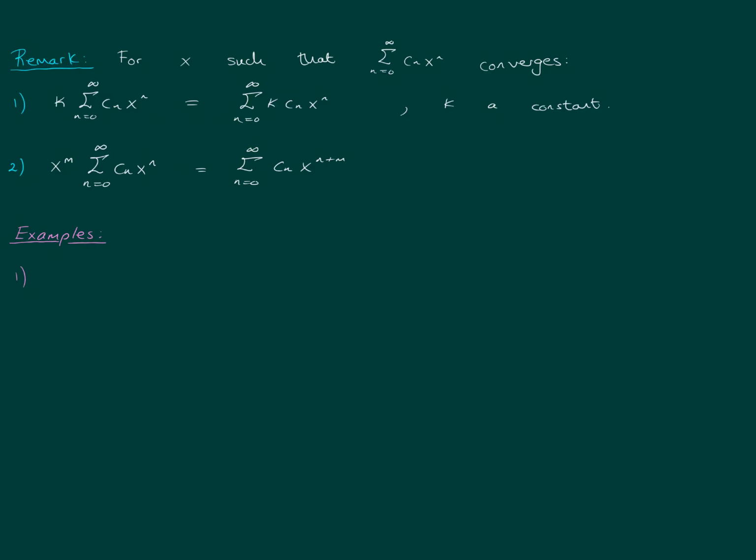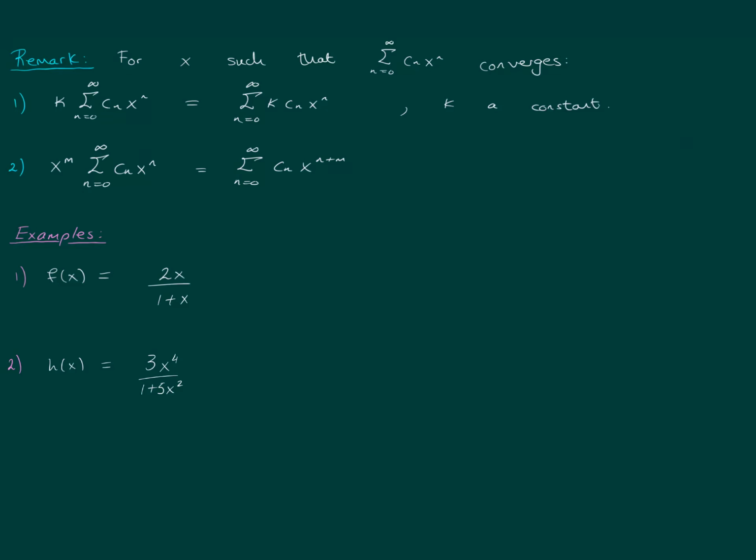First example. f of x is 2x over 1 plus x. Second example, h of x is 3x to the 4 over 1 plus 5x squared.